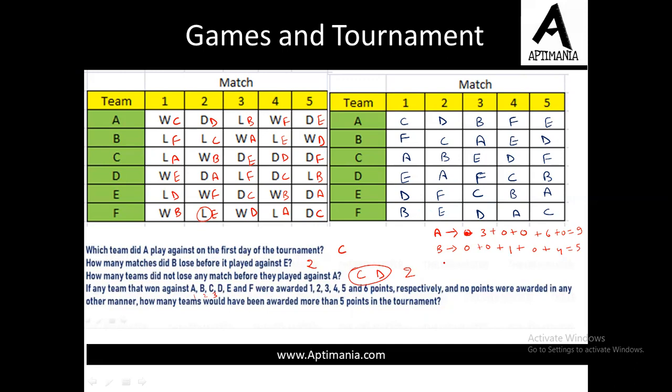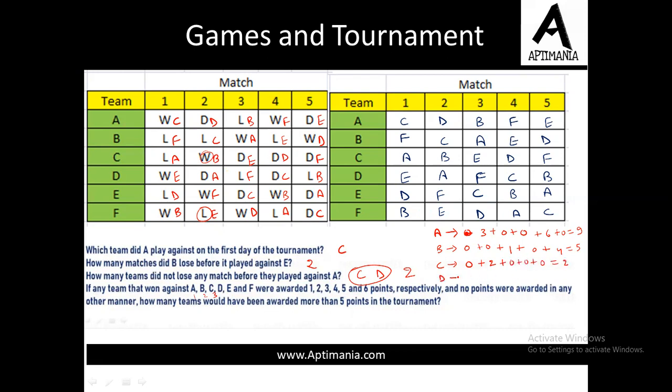Fine. Now let us move to C. In C's case we have only one win, so 0 on the first day, and C won from B, so 2 points on winning from B, then 0, then 0, then 0, so the total becomes 2.